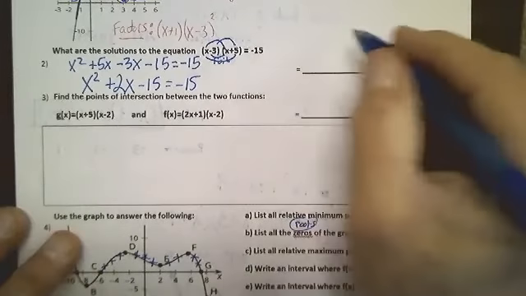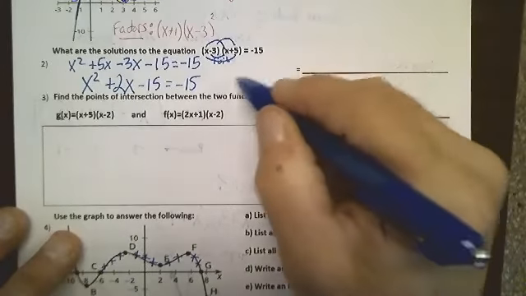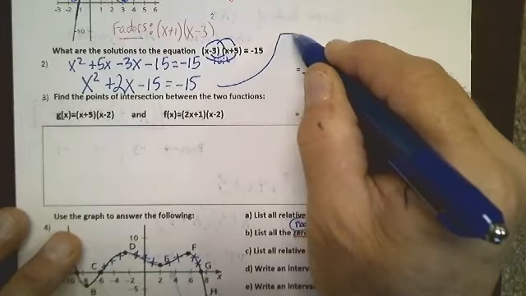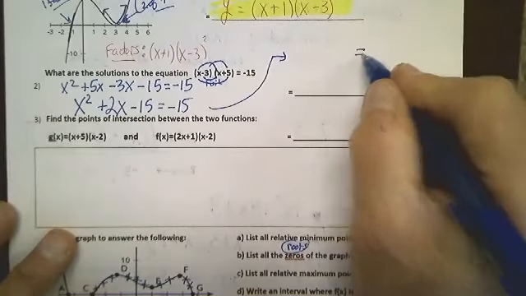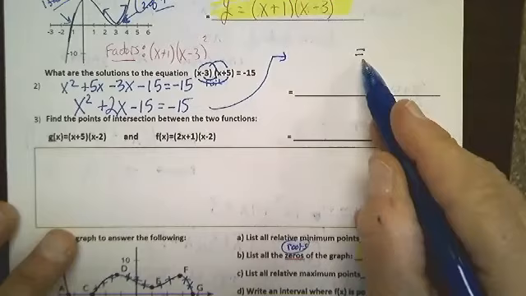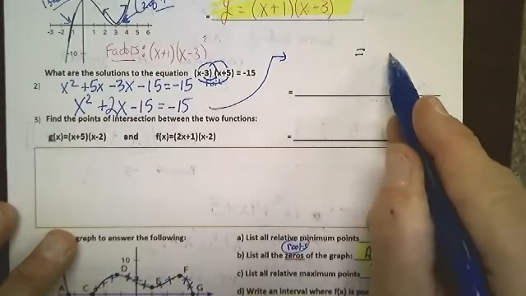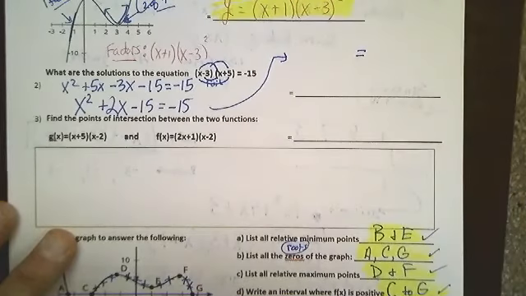Let me do this. What I'm going to do is I'm going to put an equal sign in here. You tell me what goes on the left side and you tell me what goes on the right side, if you can.